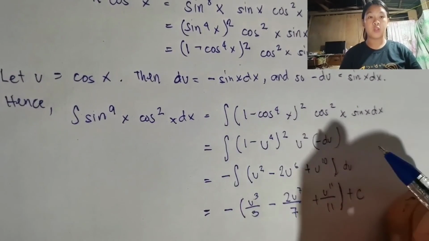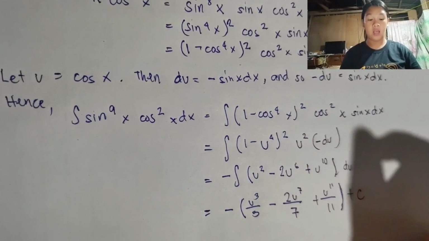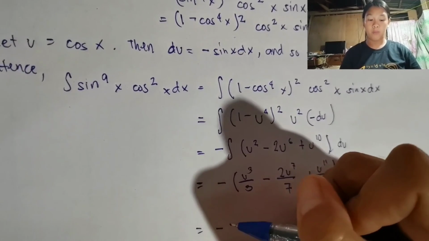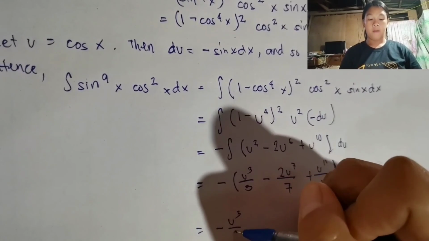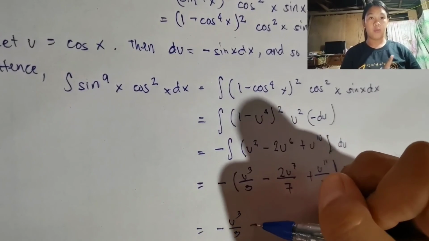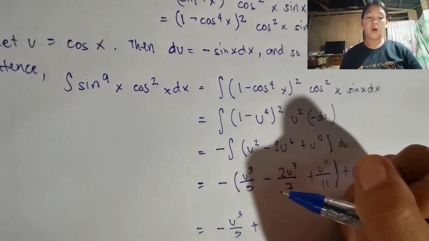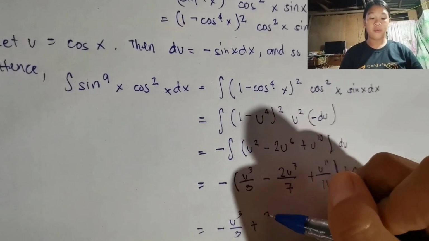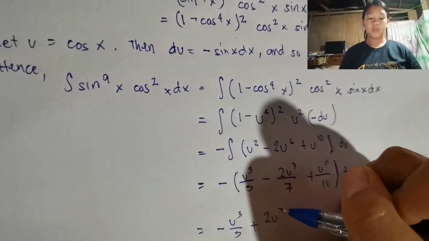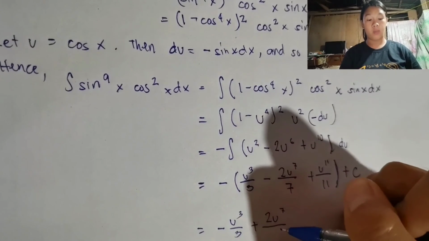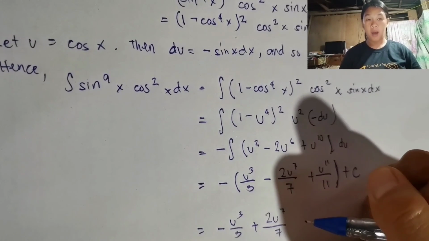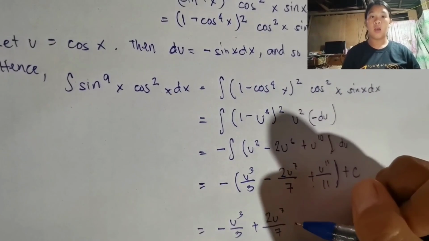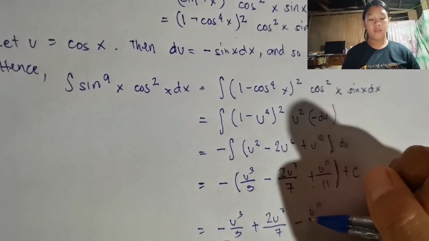Negative 1 times u cubed over 3 is negative u cubed over 3 plus, take note, it becomes plus because negative 1 times negative makes a positive 2u raised to the power of 7 over 7 minus negative u raised to the power of 11 over 11 plus c.